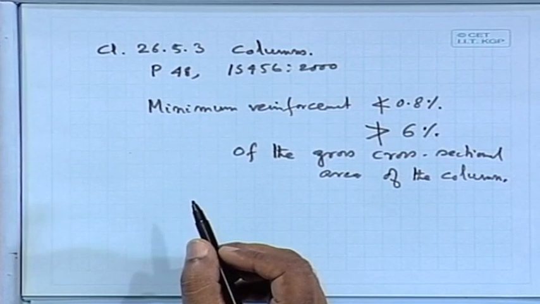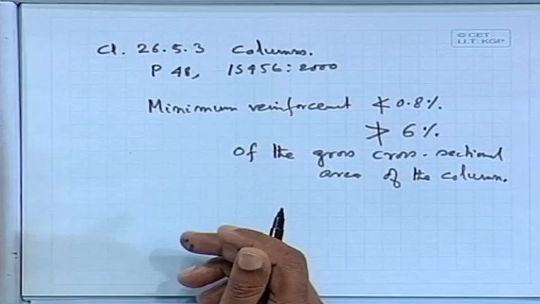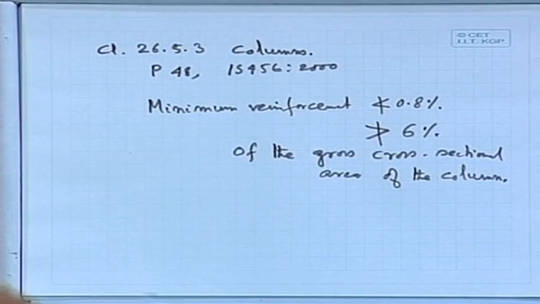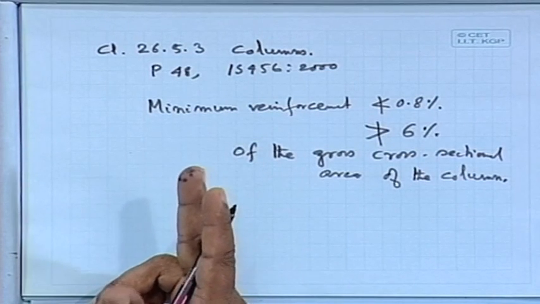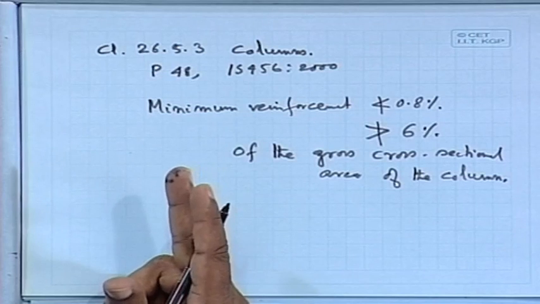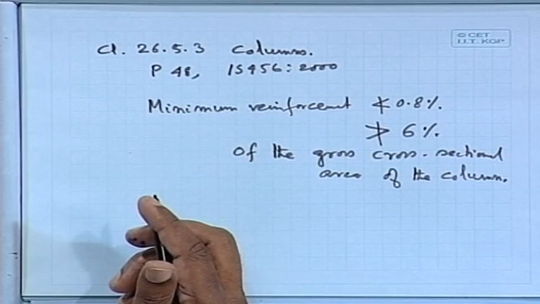So, at least we should provide 6 number of 12 bars, because the next higher is the 16 dia bar. If you use 4 number 16 dia bars, it comes to 1.28%.